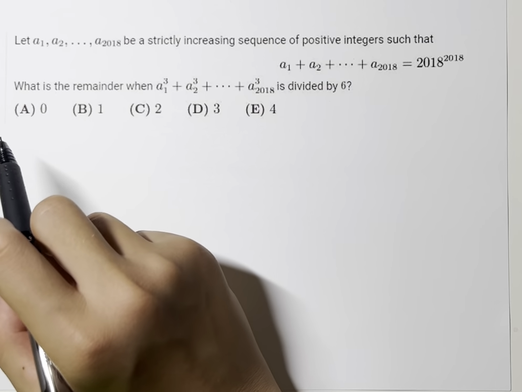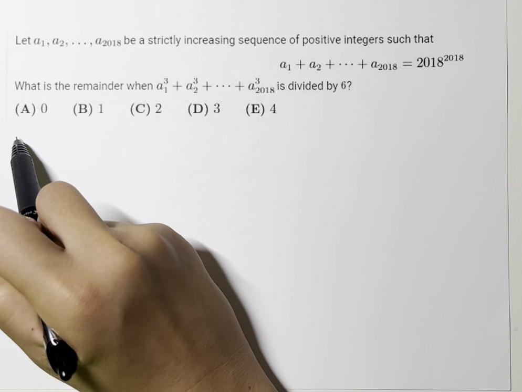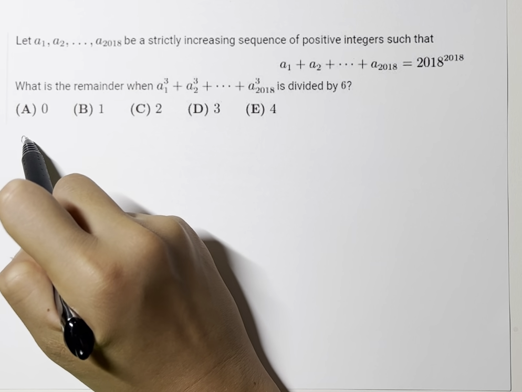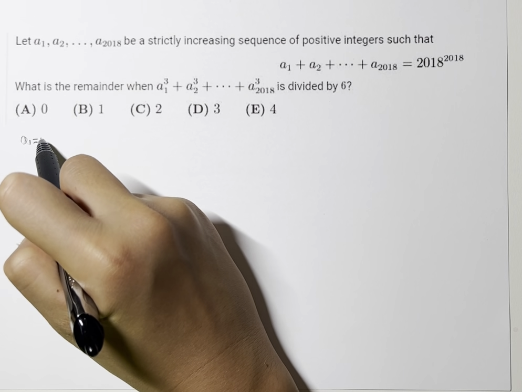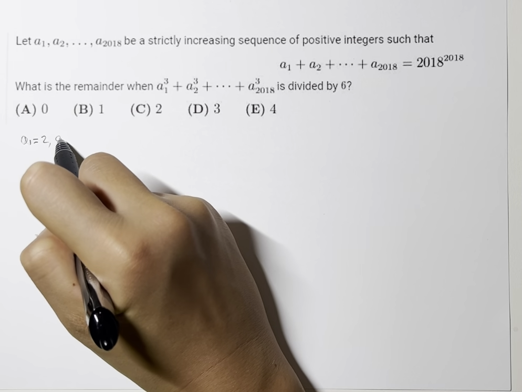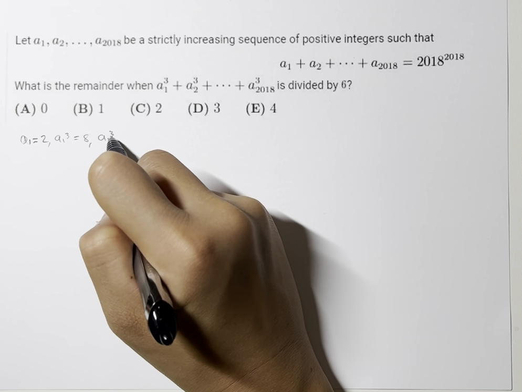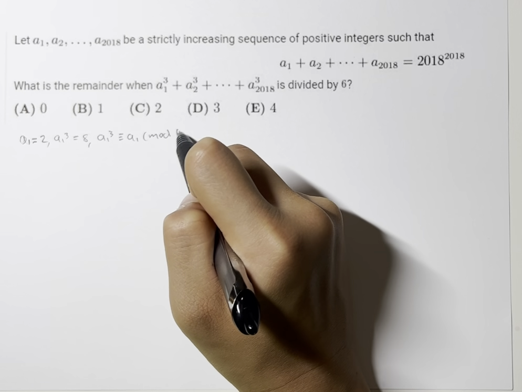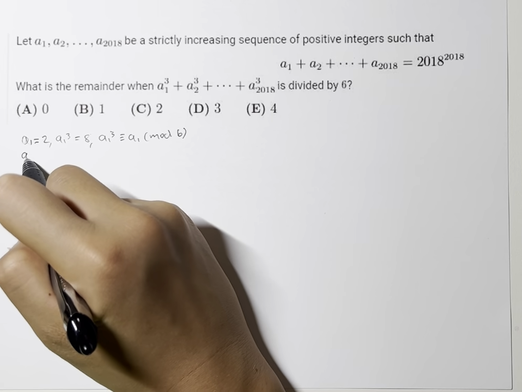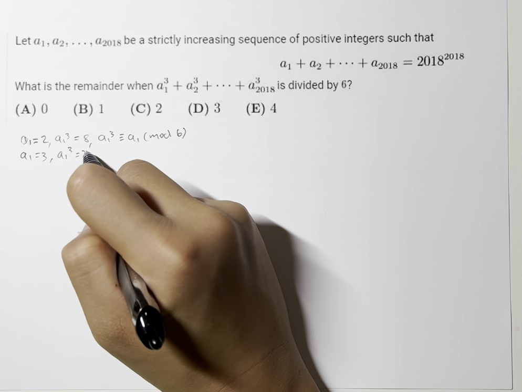Well, let's see. We're going to use some examples first. A1 equals 2. A1 cubed equals 8. A1 cubed is congruent to A1 mod 6. A1 equals 3. A1 cubed is 27.